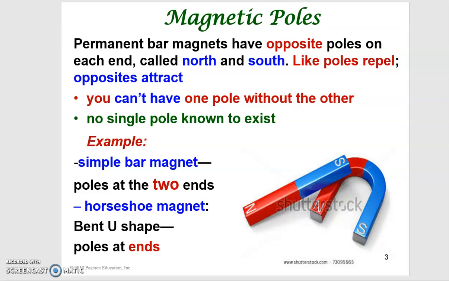But something different compared with the electric field is that you can see an isolated positive charge or an isolated negative charge. But for the magnetic poles, you can never see one north pole or one south pole without the other. Which means no single poles are known to exist.